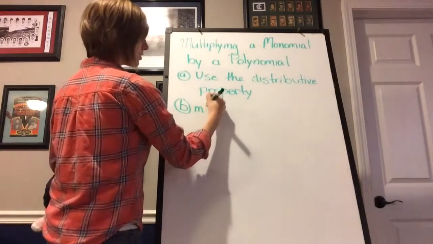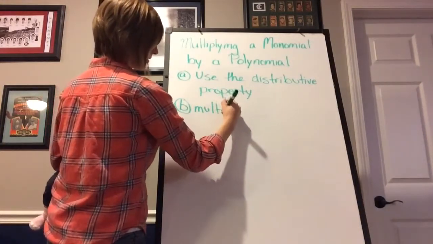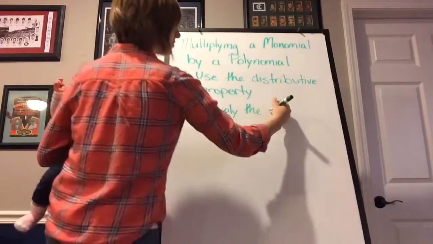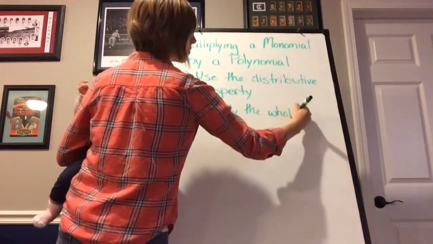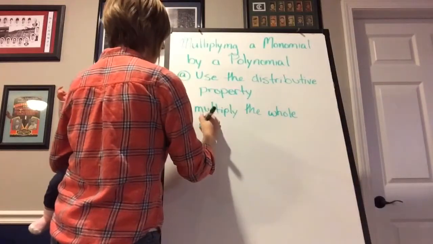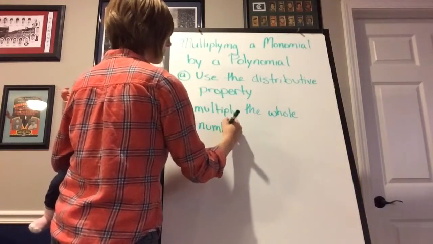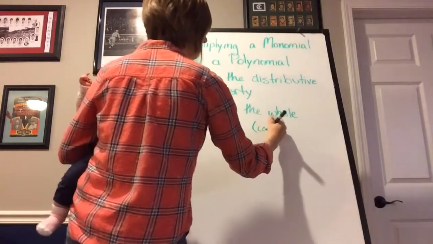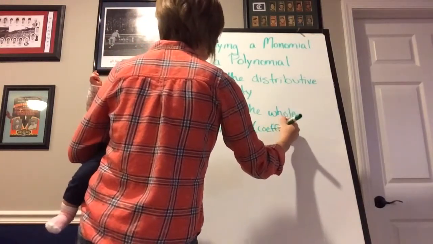we are going to multiply the whole numbers first, which are just the coefficients. The coefficients are the numbers in front of a variable, but it's just the whole numbers.